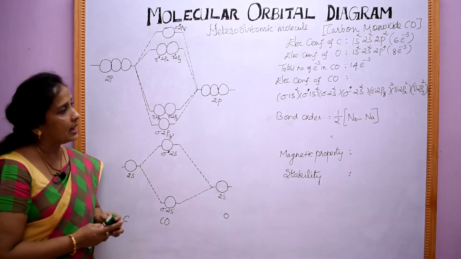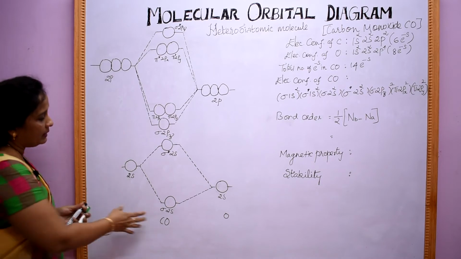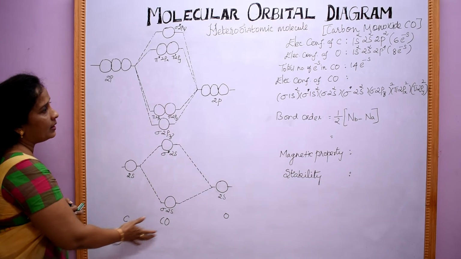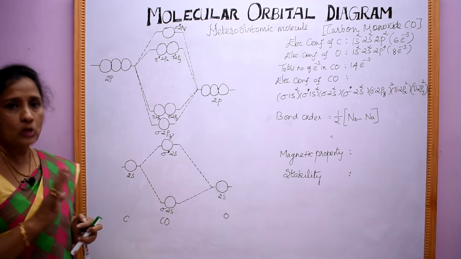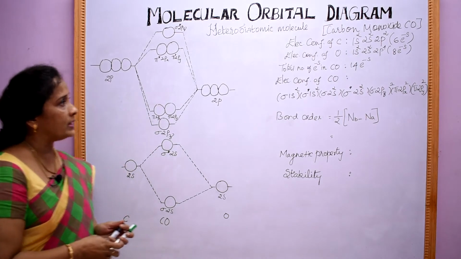So let's get started in filling up the electrons in the atomic orbitals. The 1s orbital of carbon and the 1s orbital of oxygen are not involved in bonding, so we are not drawing them here. We'll start with the 2s orbital.